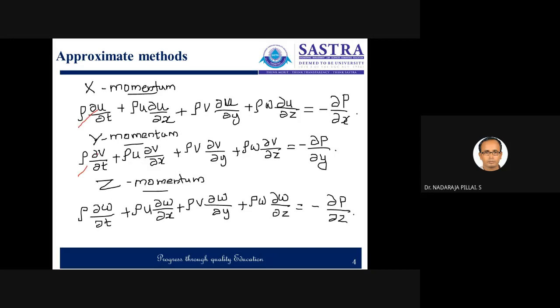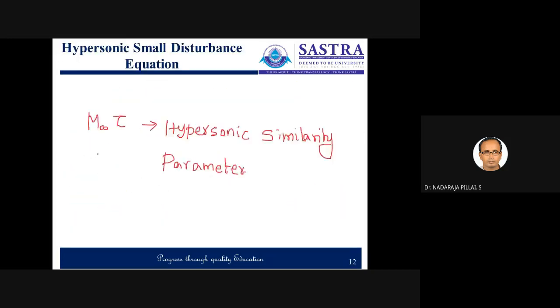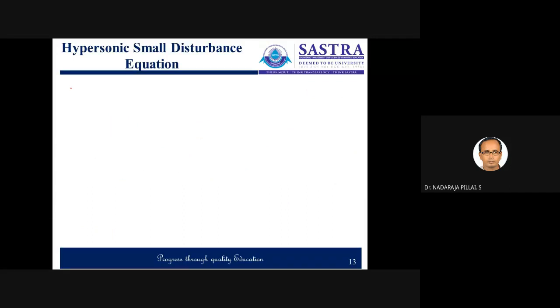So the assumption here is the steady Euler equation, and we try to write it in terms of the perturbation velocities u dash and v dash.